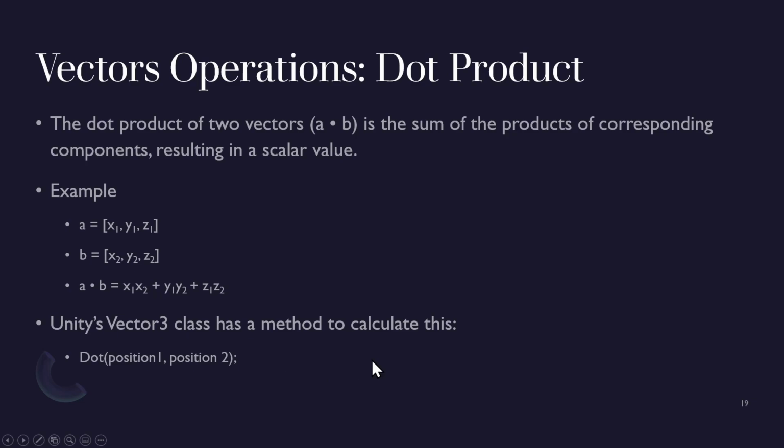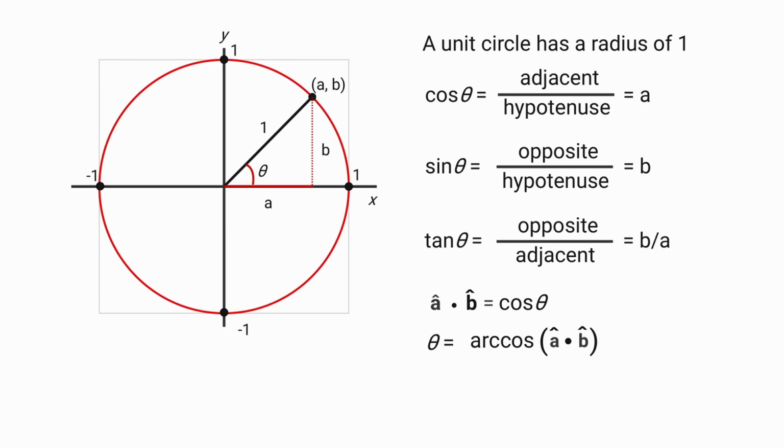So what is this thing actually good for, if anything? Well, I'm glad you asked. If you remember that unit circle, it actually has some pretty cool properties. X and Y right now on this slide are used to denote the two axes, with X going left and right and Y going up and down. Now, if you look at this vector a, b, the a value denotes where we are on the x-axis, and the b value denotes where we are on the y-axis.